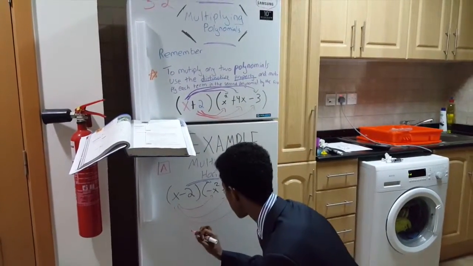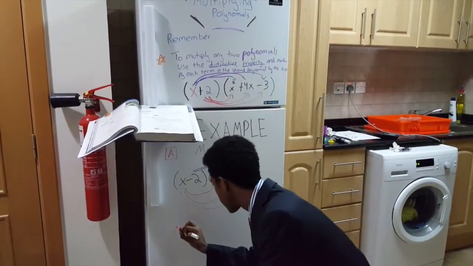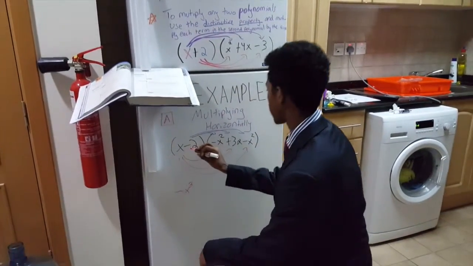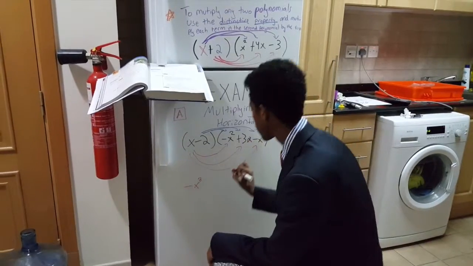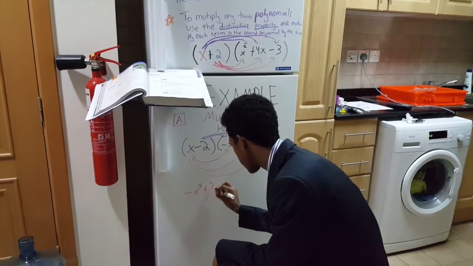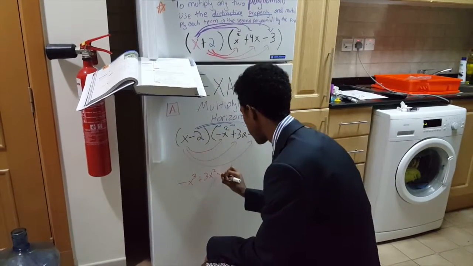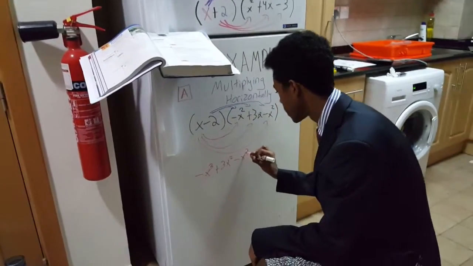So once we do this, we get negative x cubed, and x times positive 3x is going to be plus 3x squared, and x times negative x squared is going to be negative x cubed again.